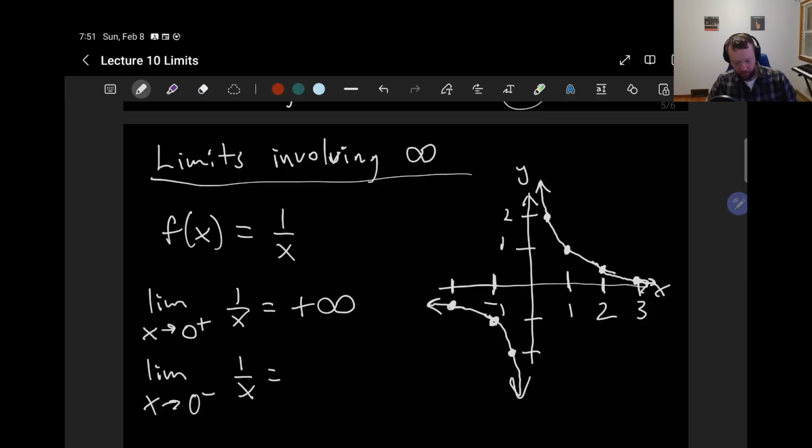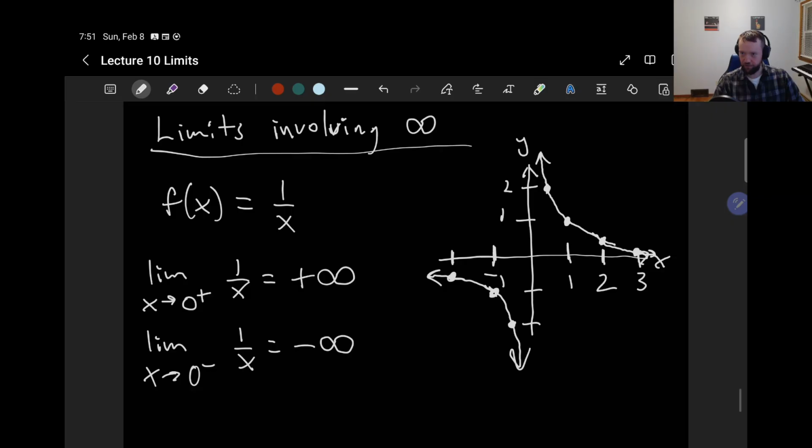Now, as we approach x equals 0 from the left side, notice my graph is shooting down towards -infinity. We go down to ever increasing negatives. So those are some pretty different one-sided limits.